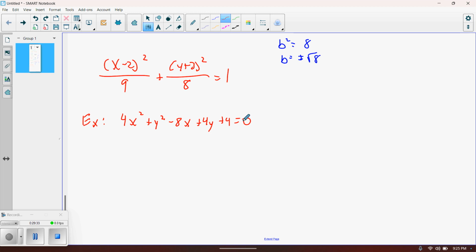And you're probably looking at this thinking that is not anything like the standard form, and you are correct. We are going to have to do multiple completing the squares in order to get this into its standard form.